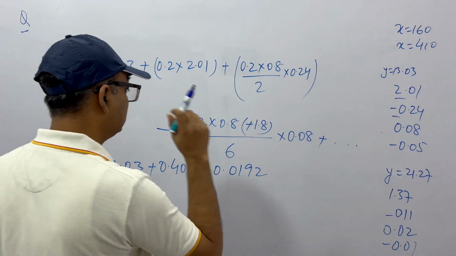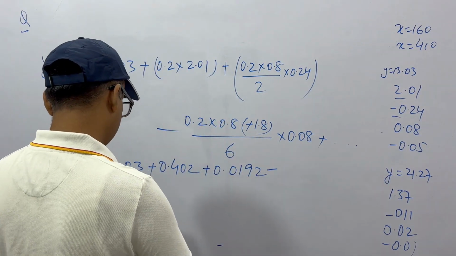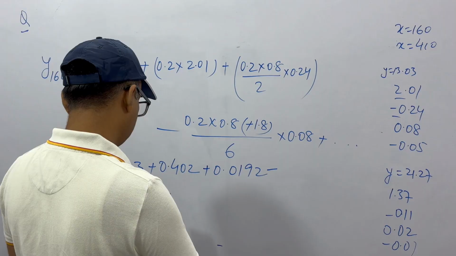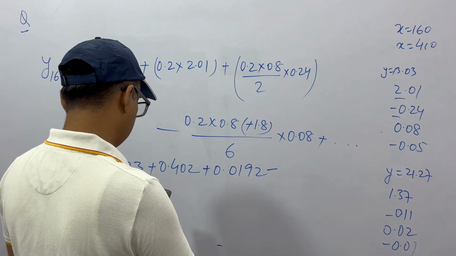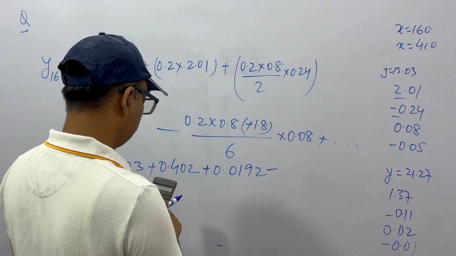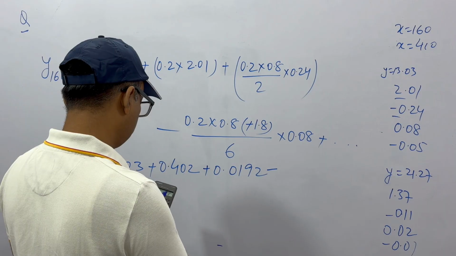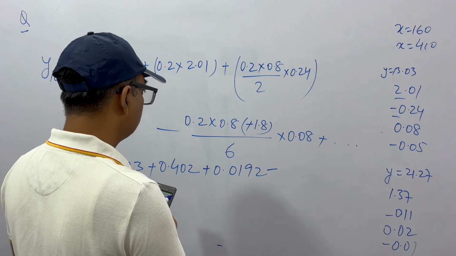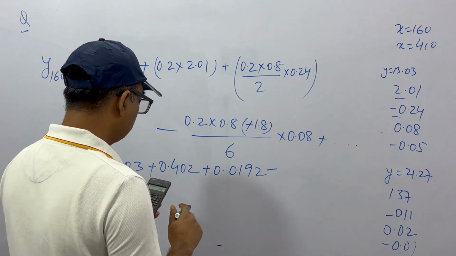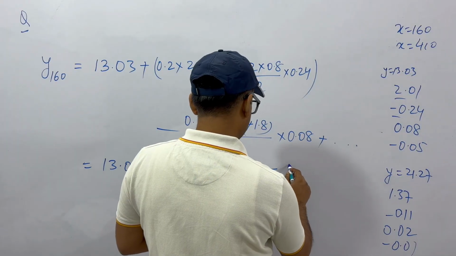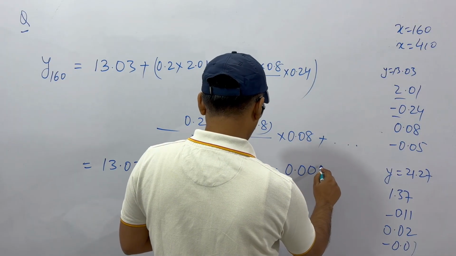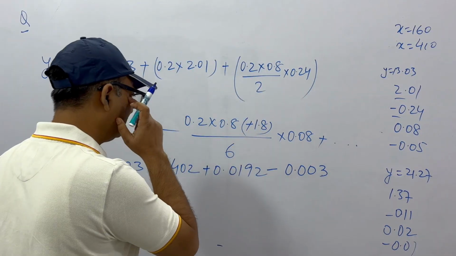Then this is minus, so it comes to minus 0.0033 and so on.